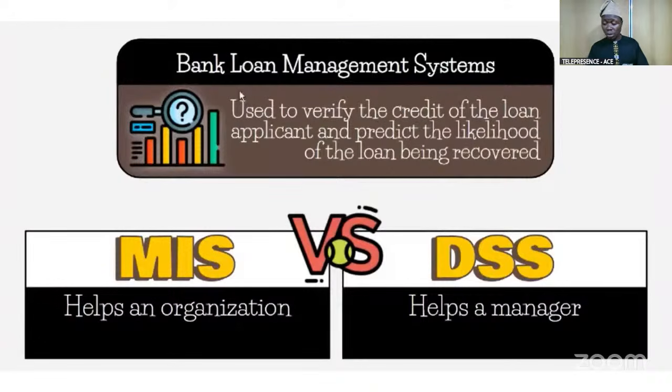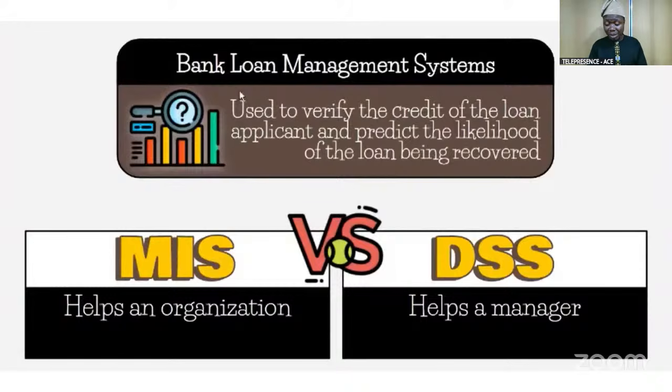So we now want to juxtapose, to compare the differences and what they have in relation. The MIS and the DSS, the management information system and decision support system, help an organization and help a manager. A manager is a human resource, a person that helps in the coordination of a particular organization.